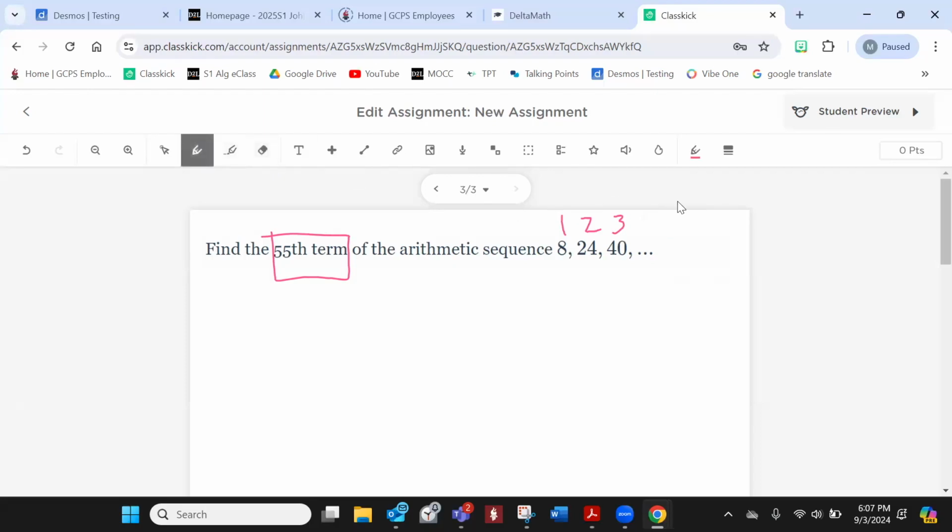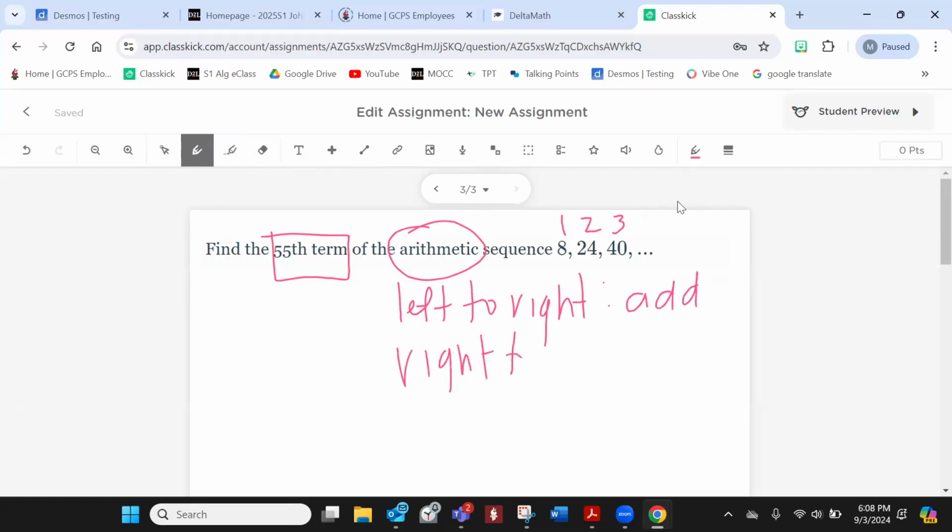Which is 40. Now, because it's an arithmetic sequence, I know from left to right, I add. And from right to left, I subtract. So I start at 40. What's 40 minus 24?